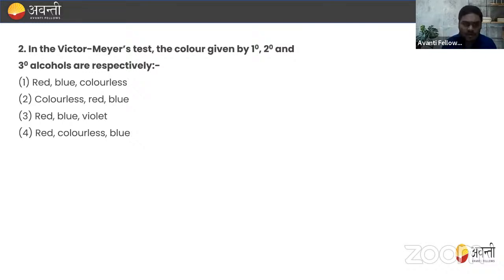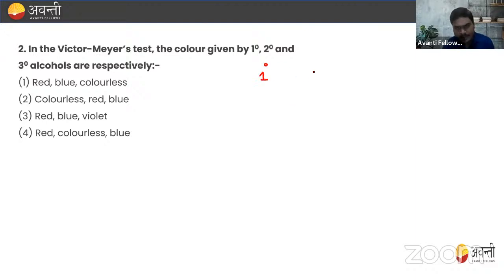So we also have one test called Victor Meyer test. So this test is based upon the color, right? So what color given by the primary, secondary, and tertiary? Yes, I'm waiting for your responses, beta. Fatafat, jaldi batao. Yeah, I get one. That is option 2. That is colorless. Okay, someone says, here I draw.